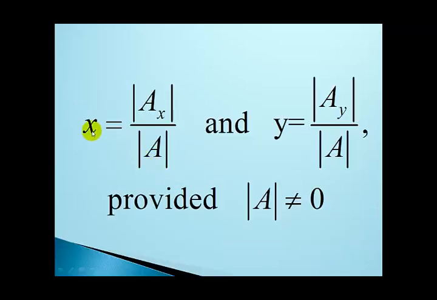Now, if you want to find x, x is equal to the determinant of AX over the determinant of A, and y equals the determinant of AY over the determinant of A, provided the determinant of A is not equal to 0.